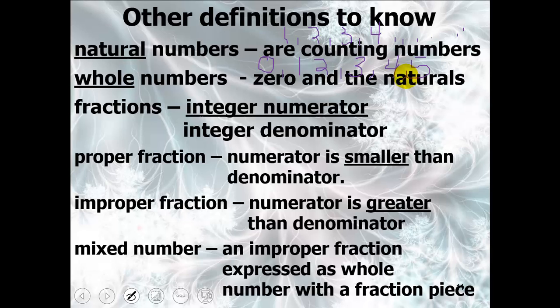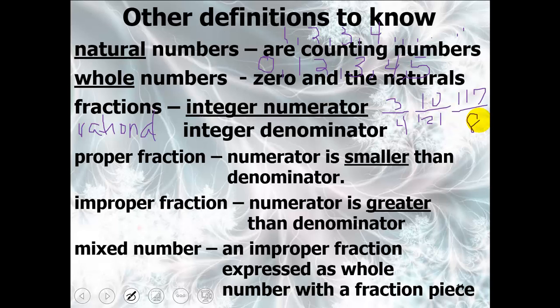All right? So the fraction or a rational number is an integer over an integer. 3 over 4. 10 over 21. 117 over 8. Those are all fractions or rational numbers.